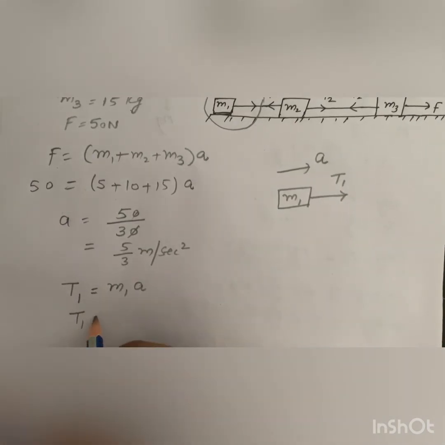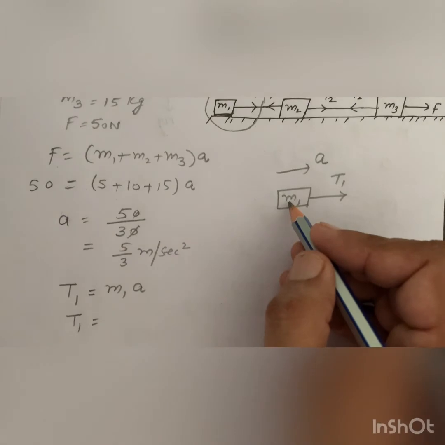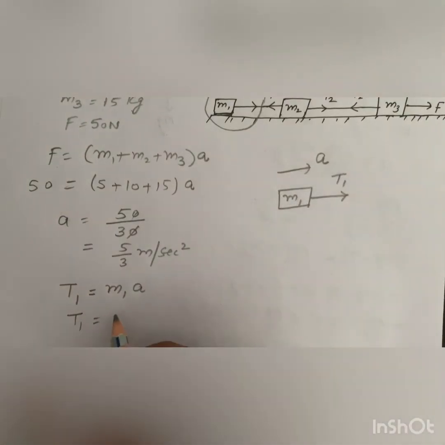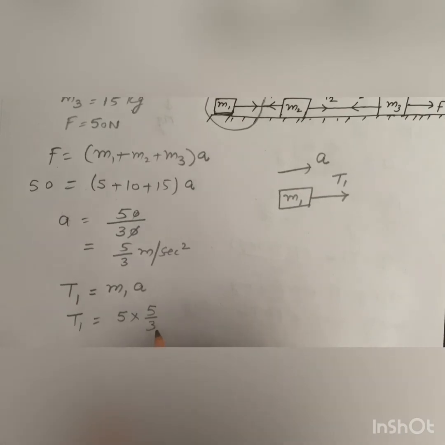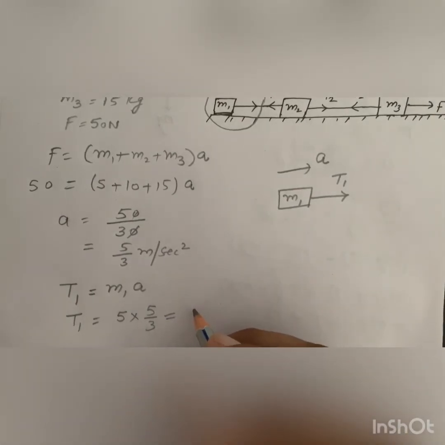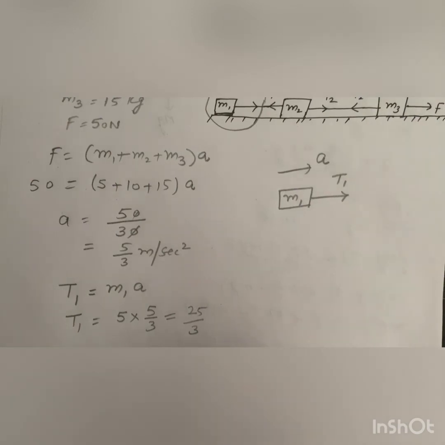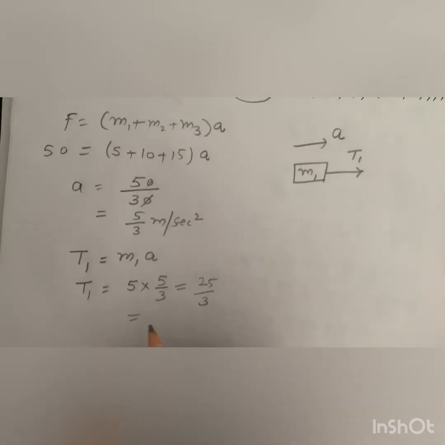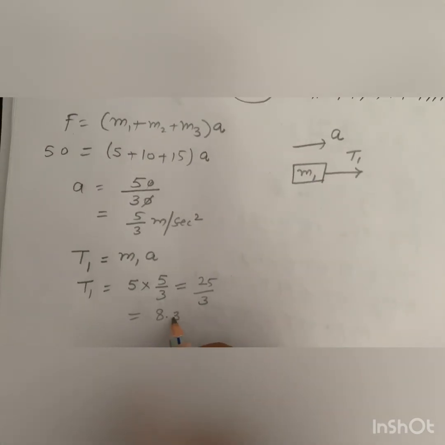So T1 equals the mass of this body, which is 5 kg, as given, times the acceleration 5 over 3. So we get 25 over 3, which is equal to 8.33 Newton.